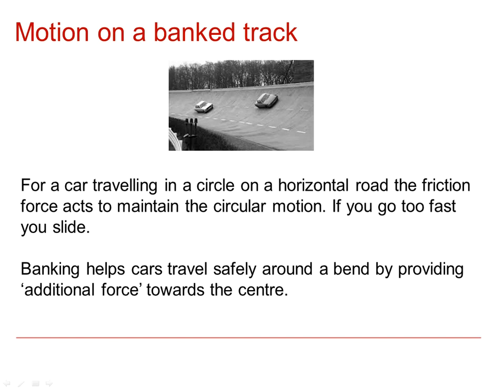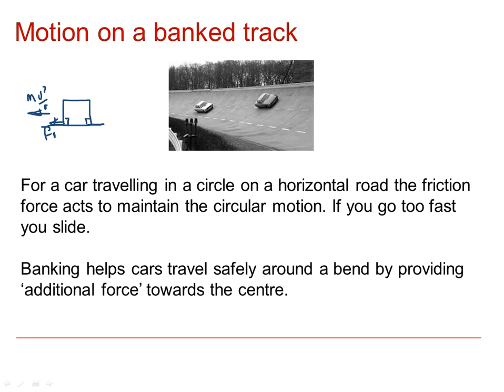If we're on a horizontal surface, then the force towards the center would have to be produced by a frictional force, so we'd have friction acting here to produce the horizontal force mv squared over r. And as you move faster, the frictional force would need to increase.